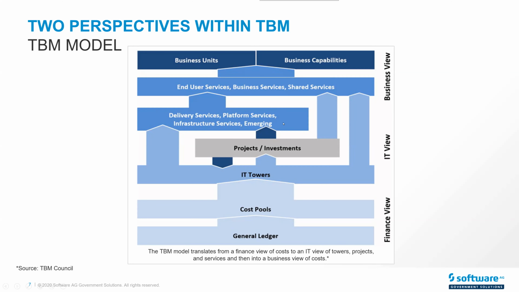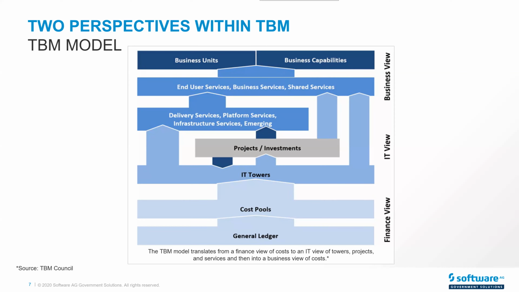And so as we run these projects, we're now rolling up costs, allocating costs to those projects that can then be applied toward the delivery services or the IT services, and then on up toward the end user business services or shared services, and finally rolled up into the business units and capabilities that are being driven by the change.